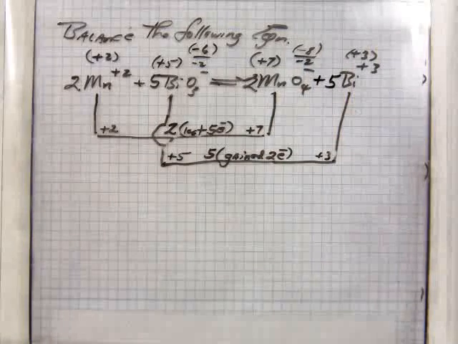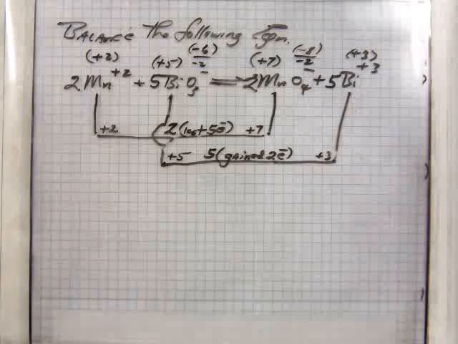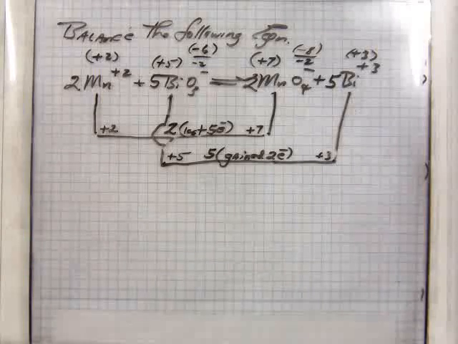It's the way you think about how many you need losing electrons in the oxidation process versus how many you need gaining electrons in the reduction process, is what I'm trying to say. That makes sense. It gets a little tricky here, and that's the simplest one I've got.